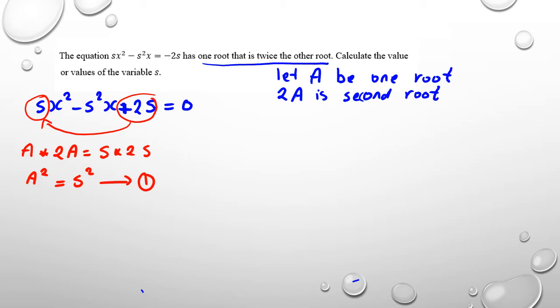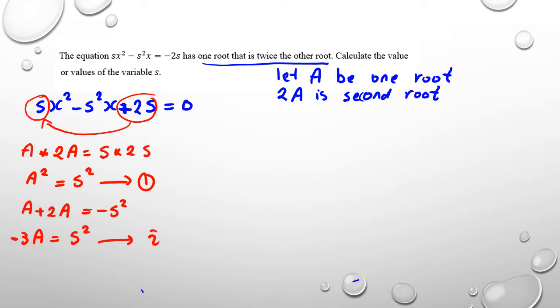It gives me the middle term, the coefficient of x. So a plus 2a gives me negative s squared, which leads to 3a, negative 3a equals s squared.